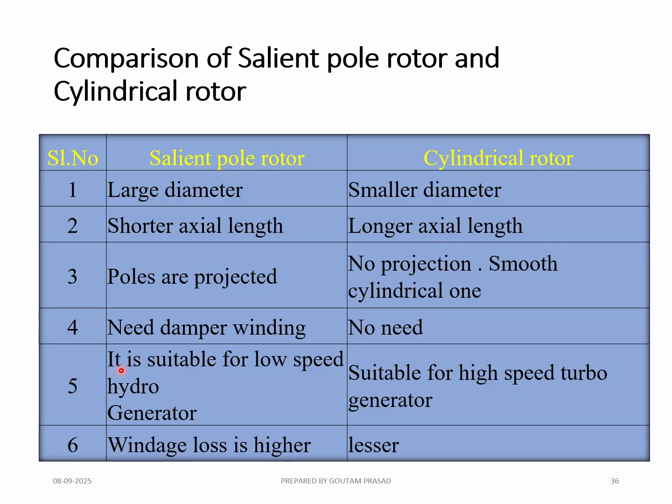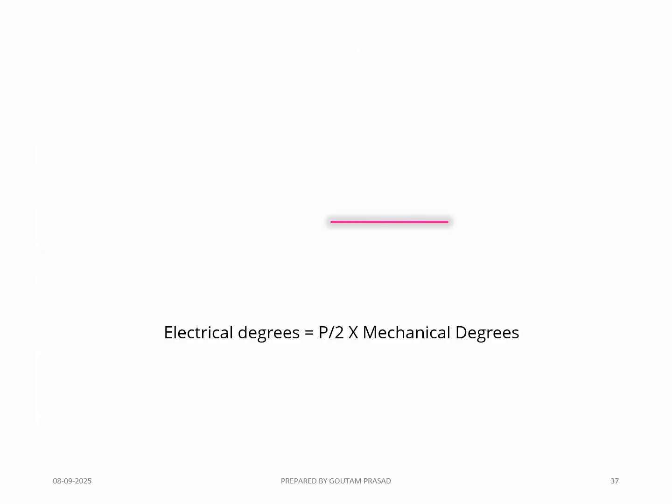Salient pole rotor is suitable for low-speed hydro generators, and cylindrical pole rotors are suitable for high-speed turbo generators, where the RPM could be 3000 RPM, but here it could be as low as 600 RPM. So windage loss is higher in the case of salient pole rotors, and very less in the case of cylindrical rotors. So they are the points of difference, my friend. Let's proceed.